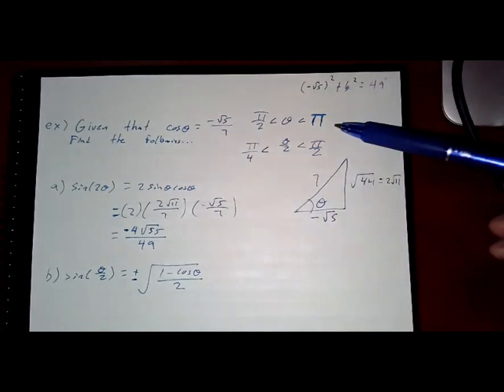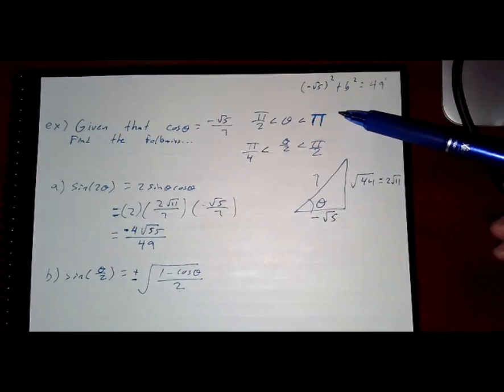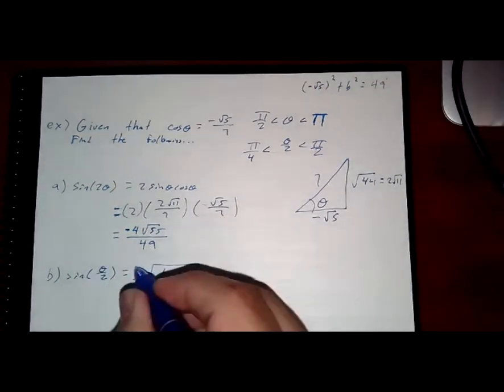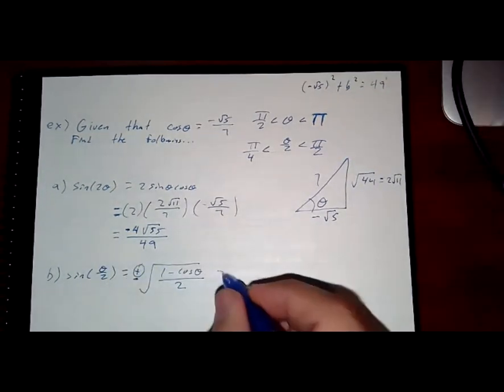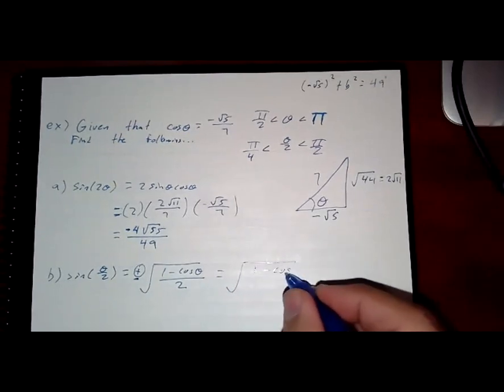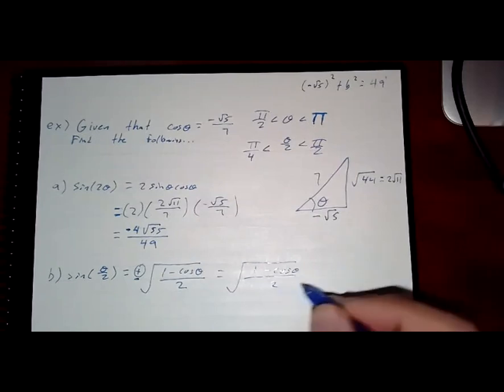We are no longer in quadrant 2, so we should not use the negative. In quadrant 1, they're both positive, so I'm going to stick with the positive.